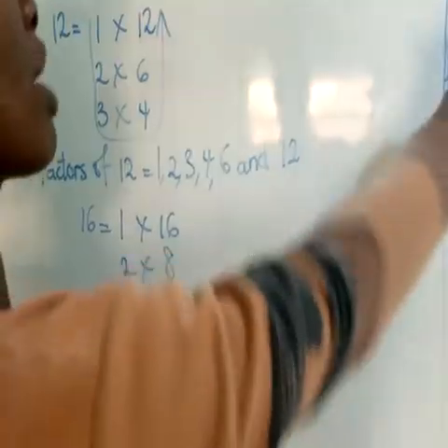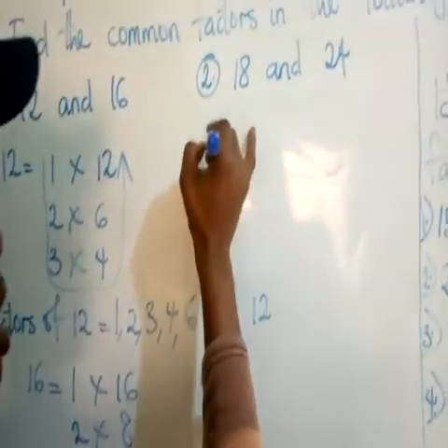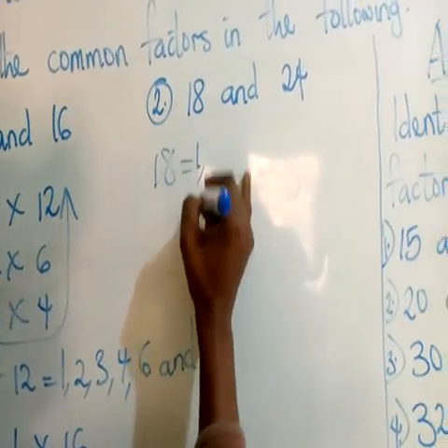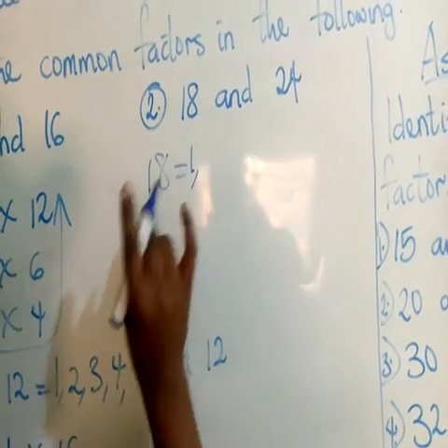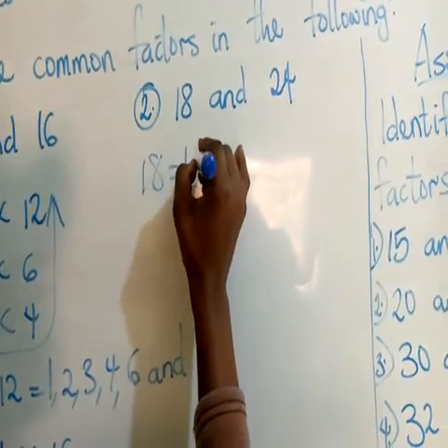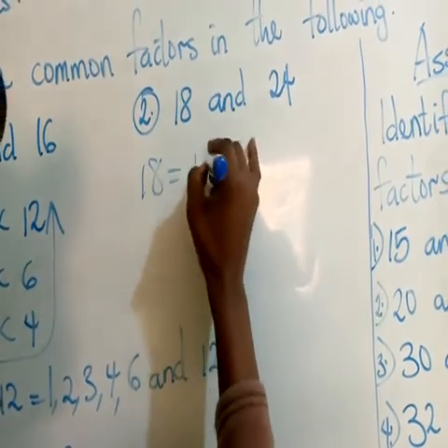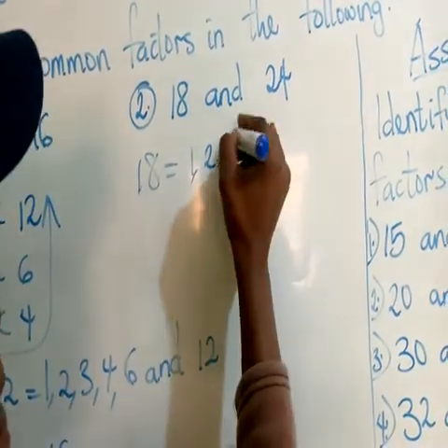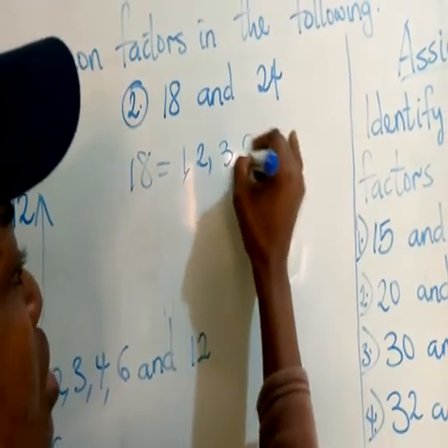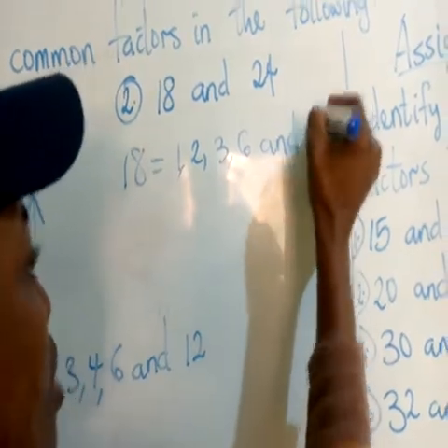We'll follow the same method to do the second example. 18 and 24. Let's use another method. 18 equals 1. Everything we find inside 18 times table. We have 1, 2, 3, 6, and 18.